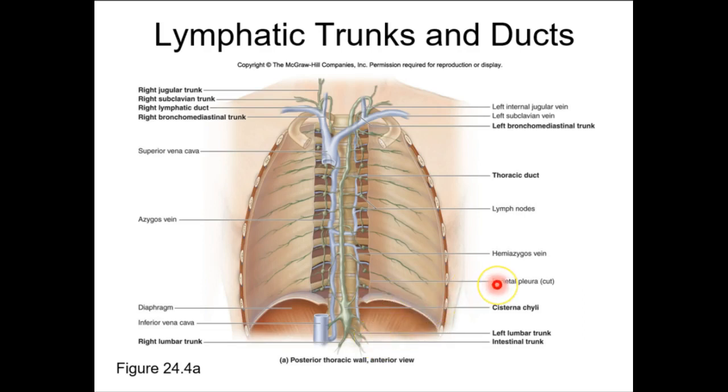Okay, here are our really large-scale lymphatic trunks and ducts. Now this is an asymmetrical system. You can't rely on the naming conventions being symmetrical in this case, and you'll see why in a second. It's not going to make a ton of sense.